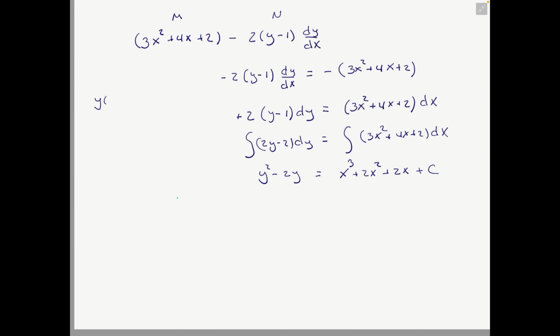If we really want to, we can use the quadratic formula to solve this for y.